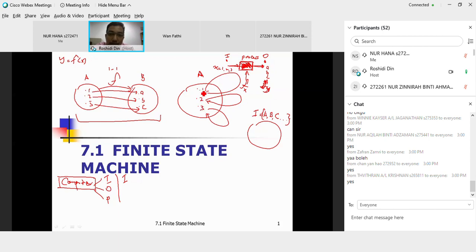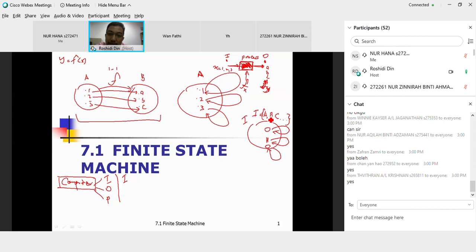Maybe the output we can also represent by 0 or 1. So let's say this one is I, we take it from A. 1, 2, 3, maybe we can represent by 0, 1, 0. So 0 maps to 0, 1 maps to 1, 0 maps to 0.